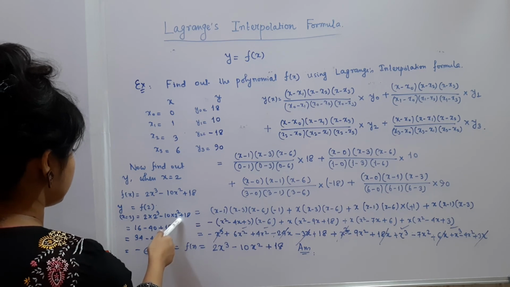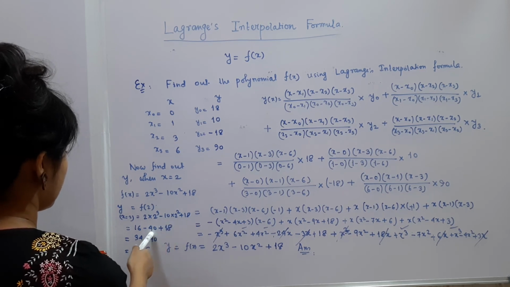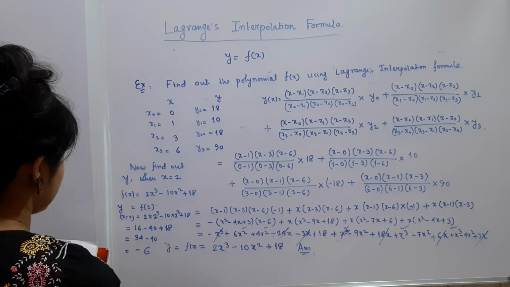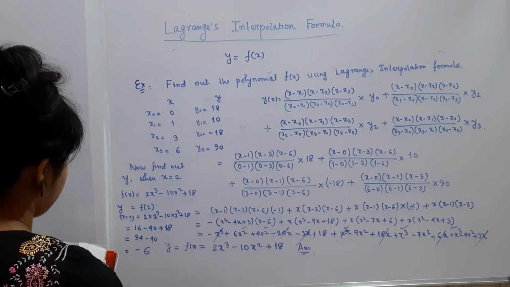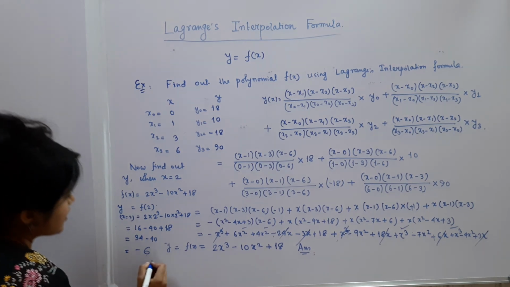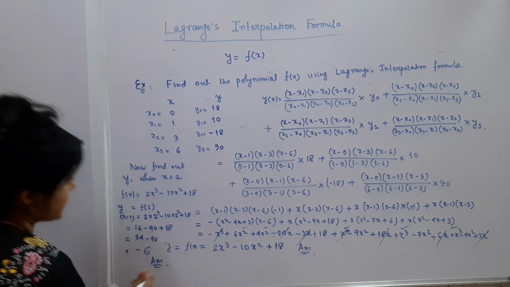Then 2 square is 4, 4 into 10 is minus 40, plus 18. So 18 and 16 is 34, minus 40, that is minus 6. So this is the other answer.